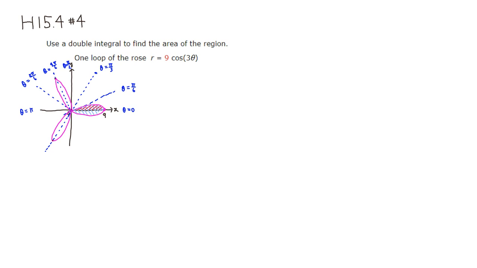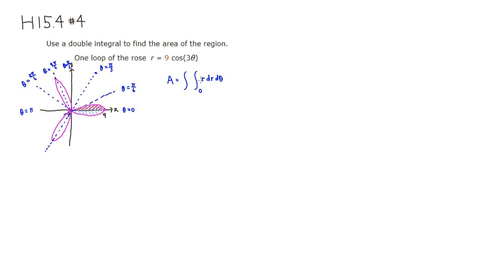All right, so the area A is going to be, we're going to set up a double integral, right? So we have area elements, so we have r dr d theta, right? Then the r is going to be from 0 to whatever 9 cosine of 3 theta is.